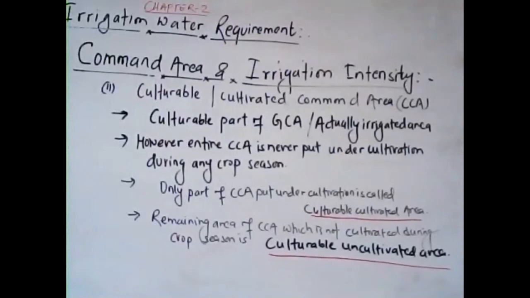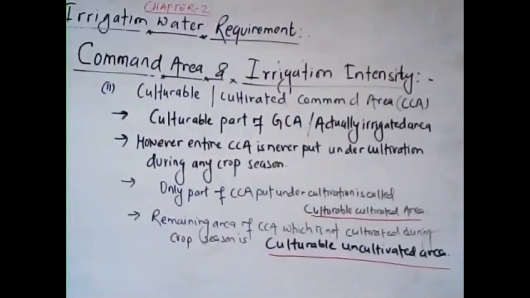During any crop season, the entire CCA cannot be put under cultivation. Only some part of the CCA is under cultivation, known as the cultivable cultivated area, and the remaining area of CCA that is not cultivated is known as the cultivable uncultivated area.